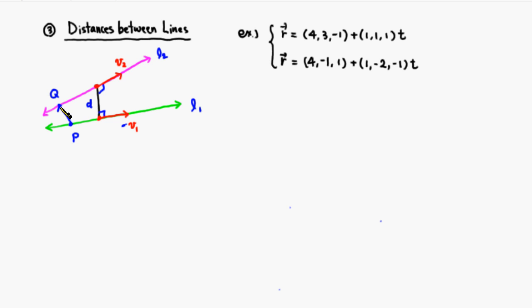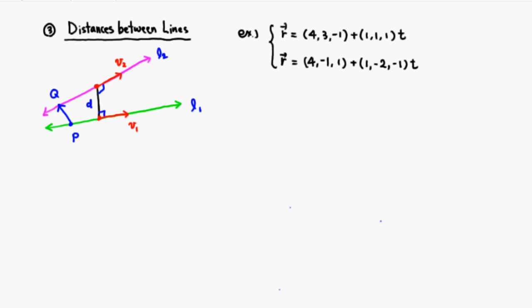Of course, vector PQ wouldn't have the length we want, but what we can do is project it onto the direction perpendicular to both V1 and V2. So we need to find that direction.